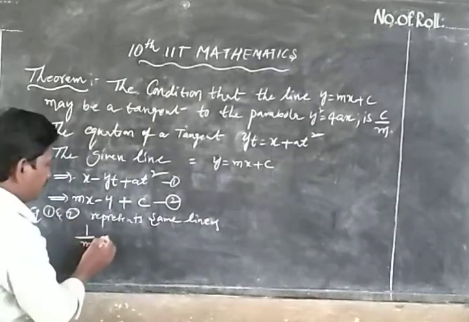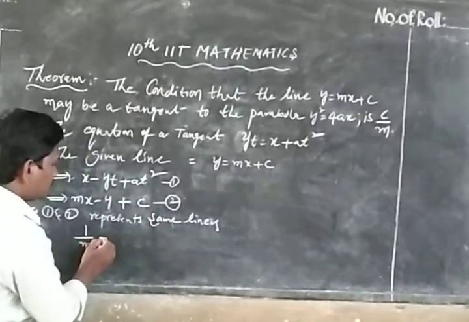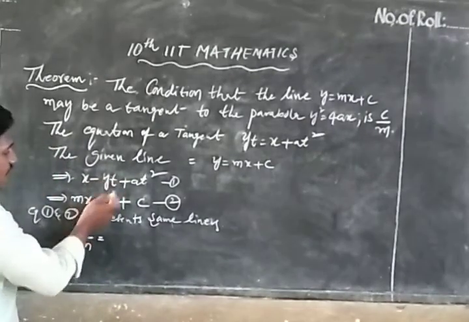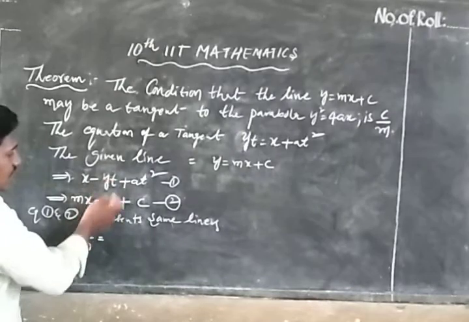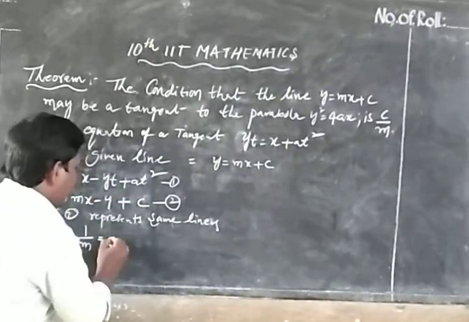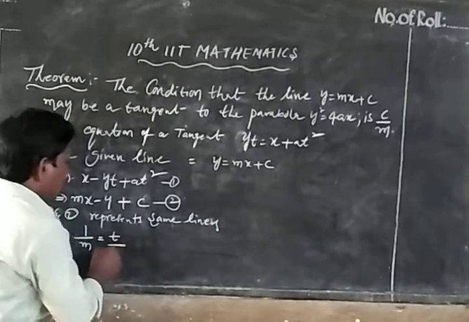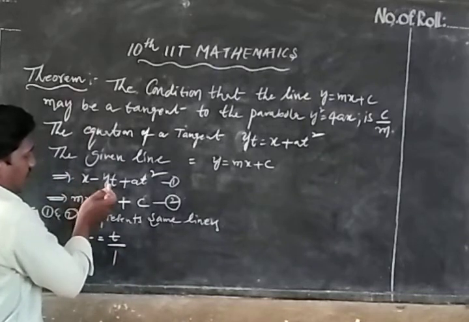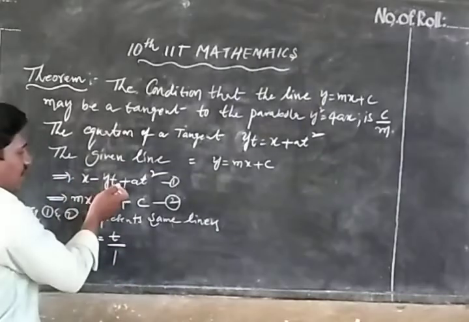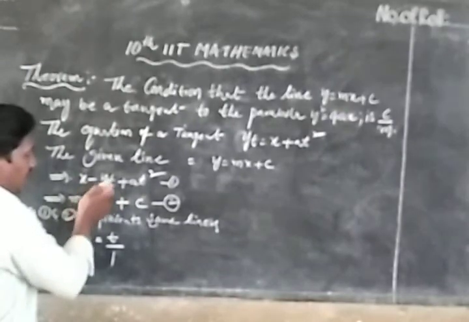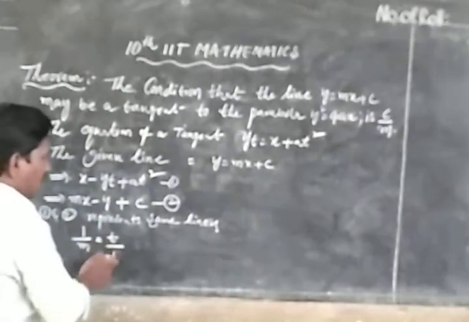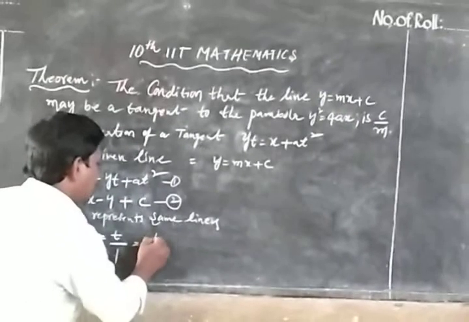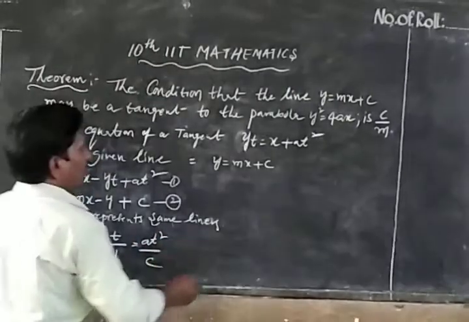So 1 by m equal to t by 1, the coefficient of y, equal to at square by c.